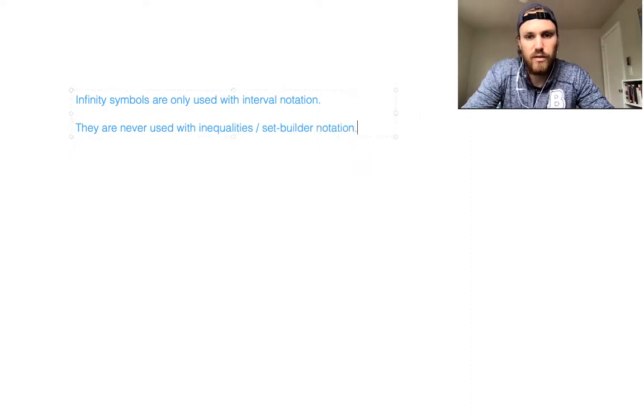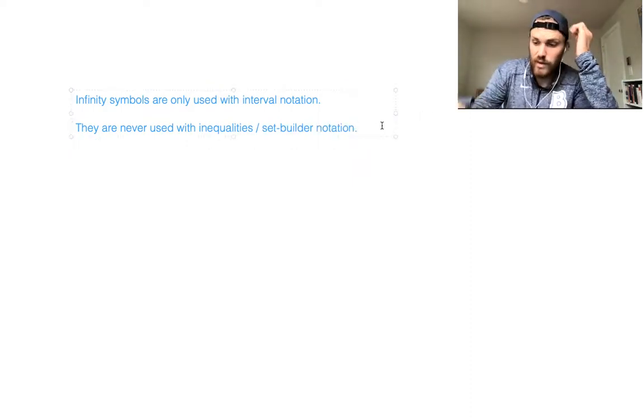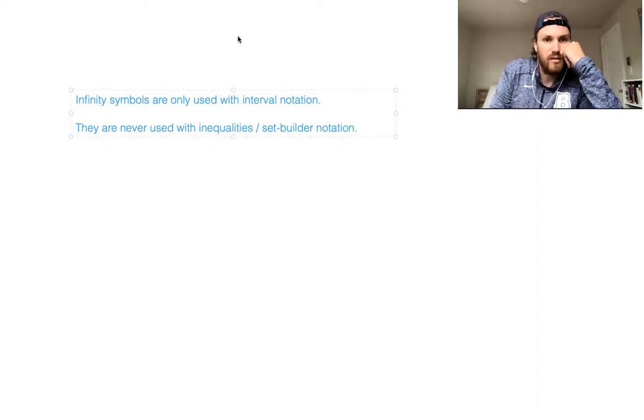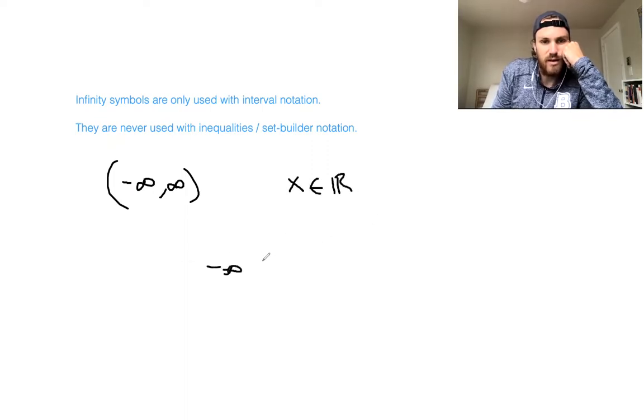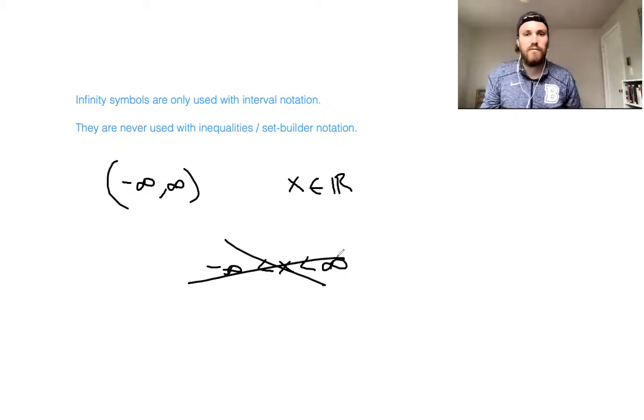Okay, so that's kind of a good reminder. And so we may certainly write negative infinity to infinity, and we may write x is an element of the real numbers, but we may not write negative infinity is less than x is less than infinity. No, we do not mix infinity with inequality signs.